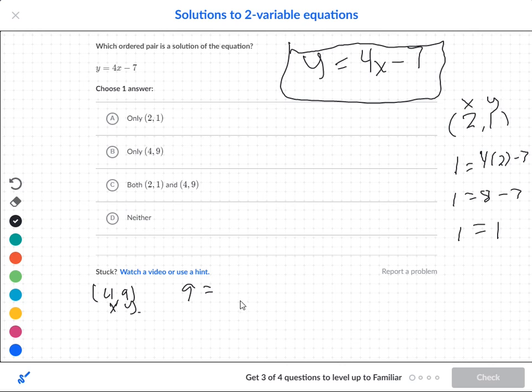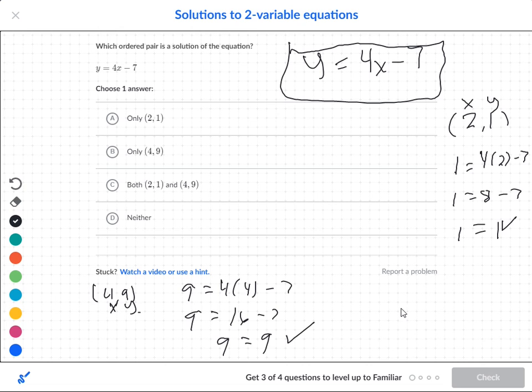I would say 4 times the 4 minus the 7, so I would say 9. And then, 4 times 4 is 16, 16 minus 7. So again, I get the same number on both sides, which is 9 and 9. So evidently, both of these points work.